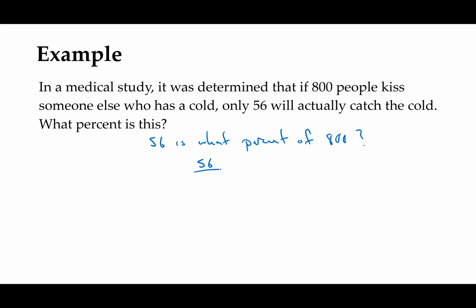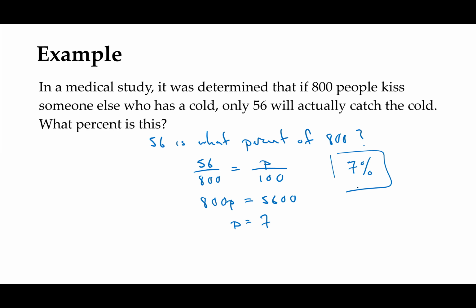And so is over of, 56 over 800 equals P over 100. Cross multiply. And then 5,600, right? You should be able to do this in your head because 8 goes into 56. So 7%. There we go.